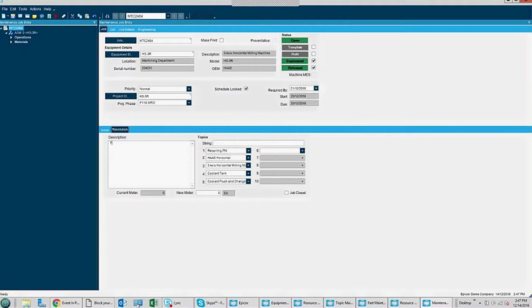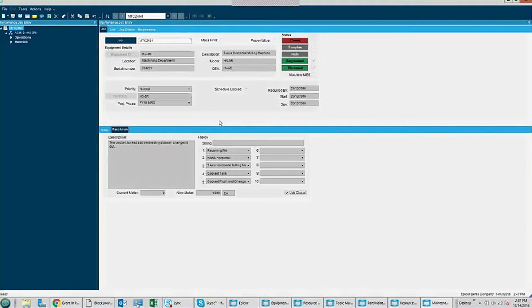Description: the coolant looked a bit on the dirty side, so I changed it out. Is the job closed? Yes. Do I want to record the meter? Well, if I said the meter was at 1010, thank you, that's closed, that job's done.